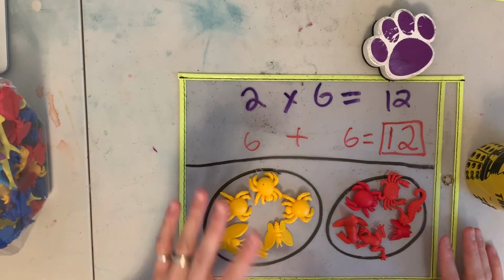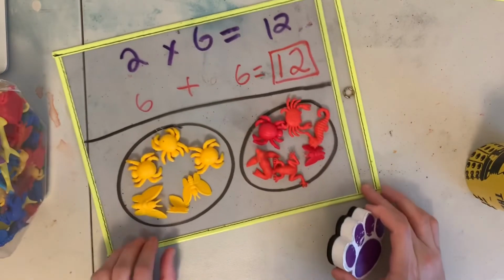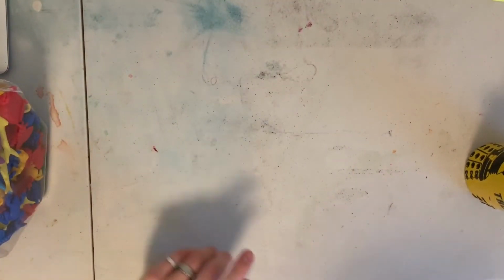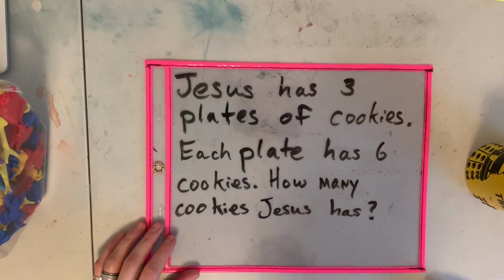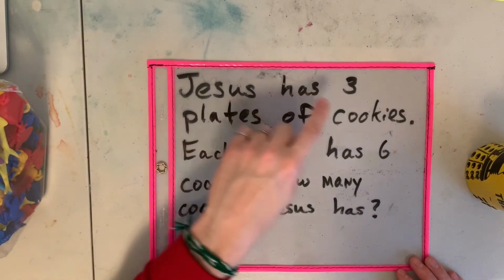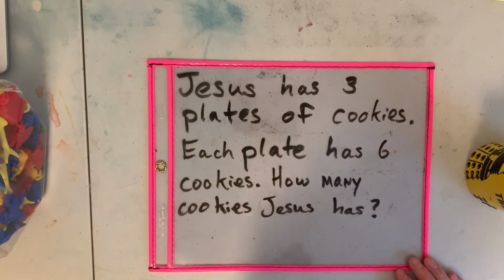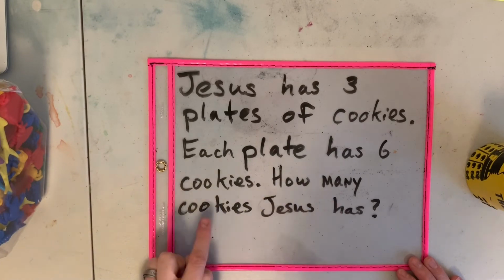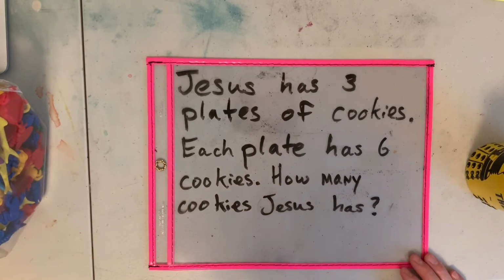You're going to do the same thing, but with the same word problem, but with different numbers. Look at this one. This one says, Jesus has 3 plates of cookies. Each plate has 6 cookies. How many cookies Jesus has?